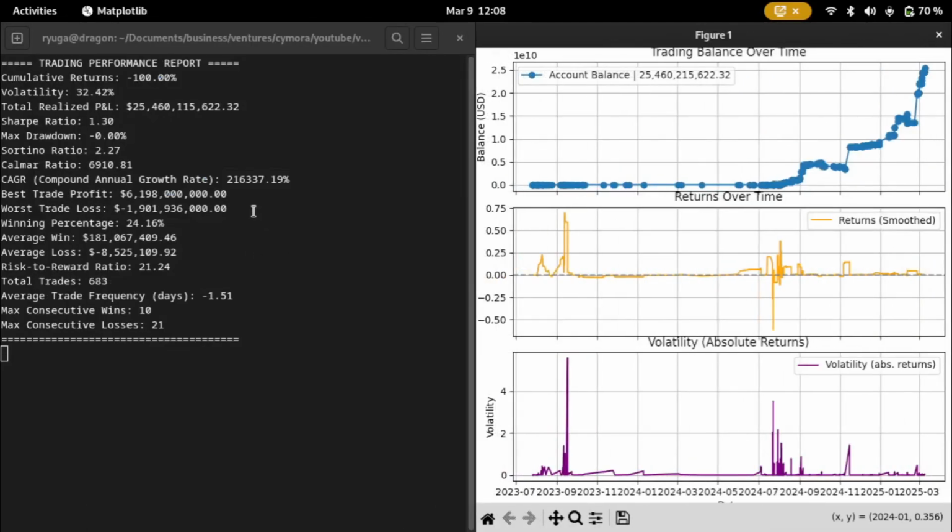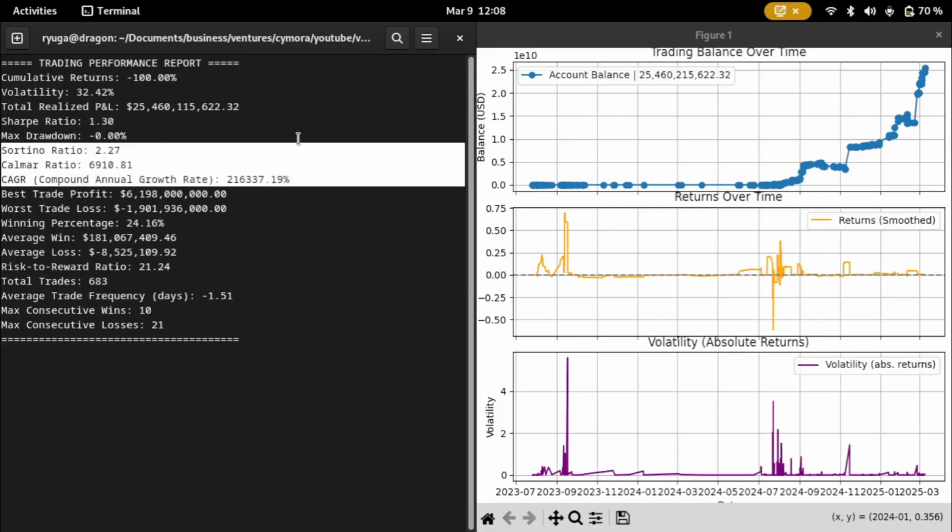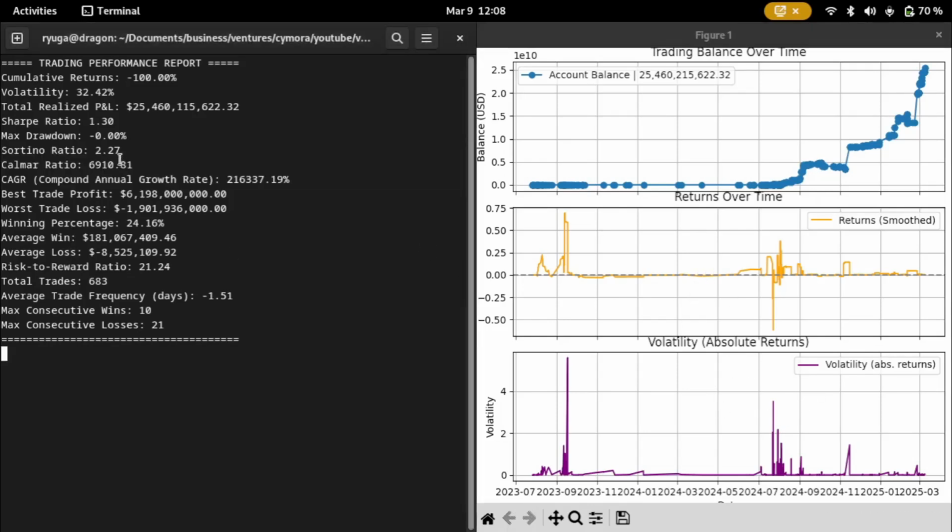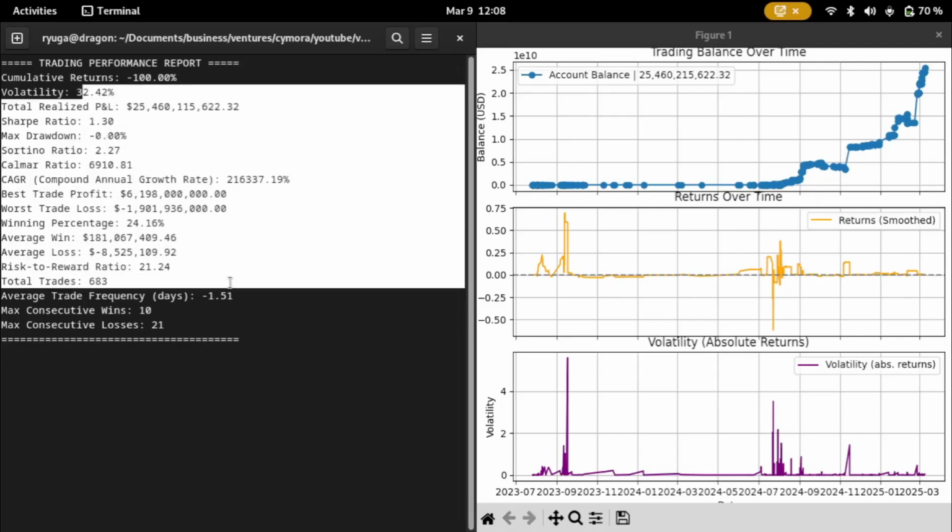Honestly, I don't understand some of these portfolio ratios, but I put them in the script anyway. This is basically what the account looks like. My cumulative returns isn't calculated correctly, but almost everything else is.